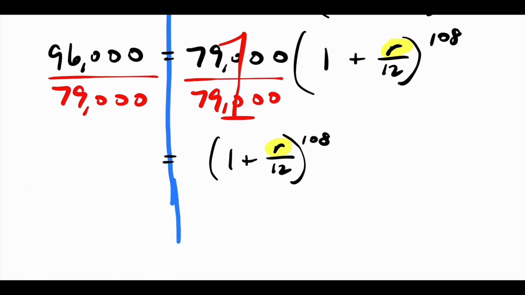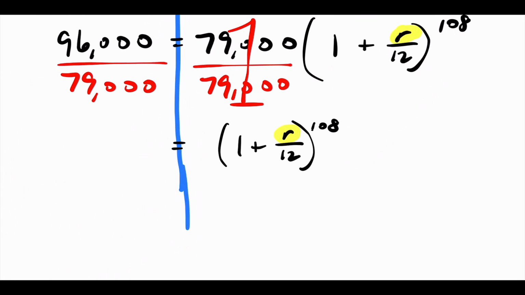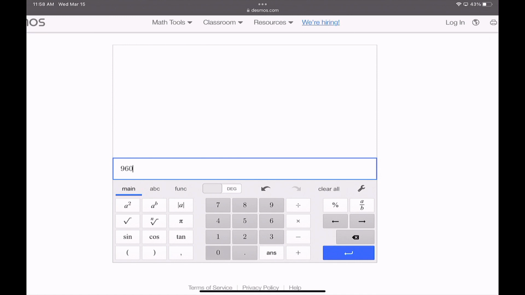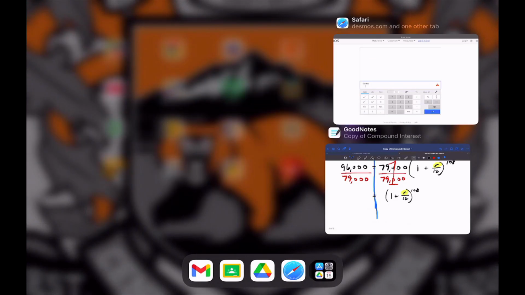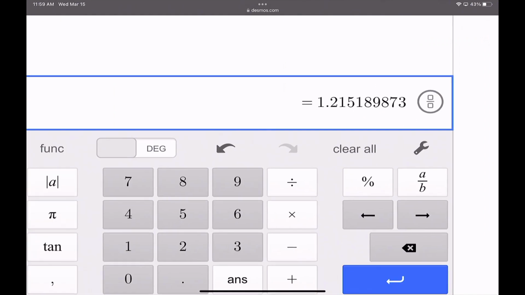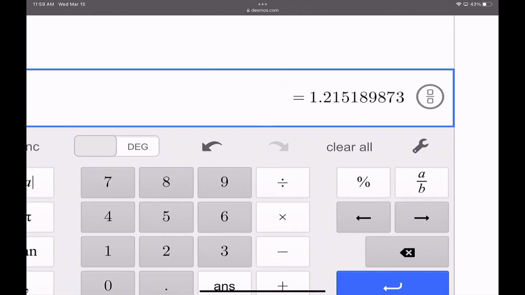Okay, so let's go to the calculator. It's going to be a decimal. $1.215189. So we're going to go 3 spaces past the decimal. We'll say 1.215.